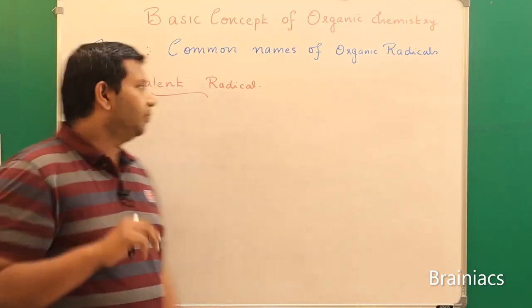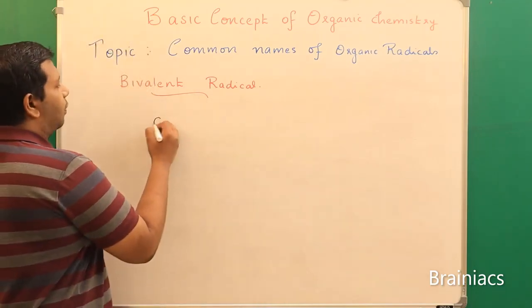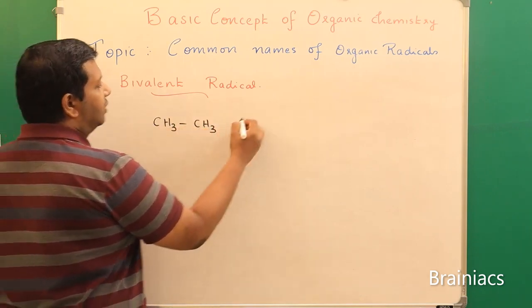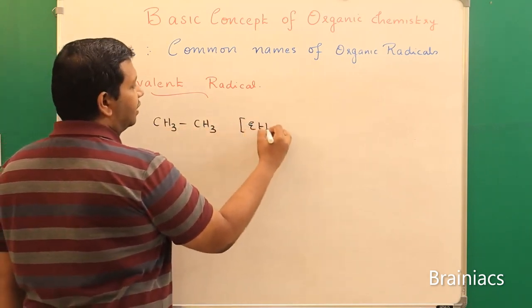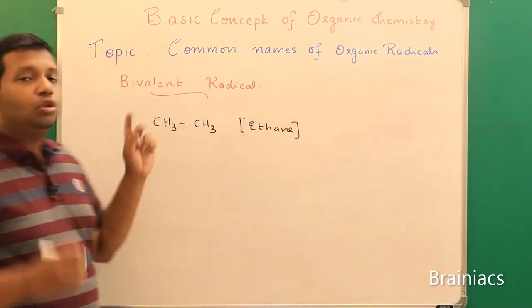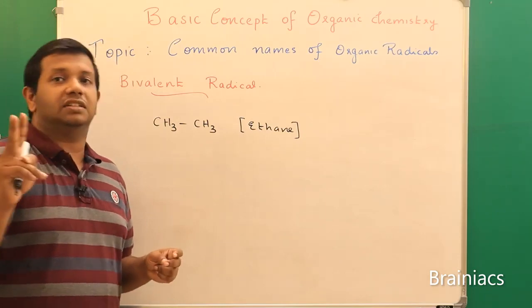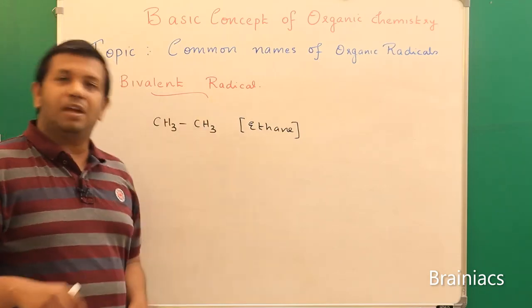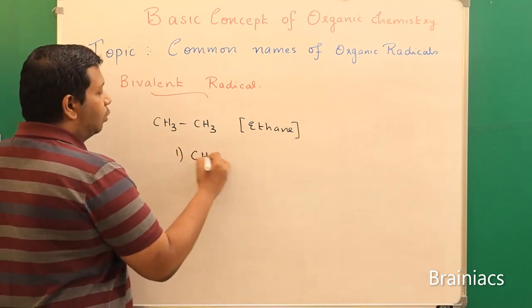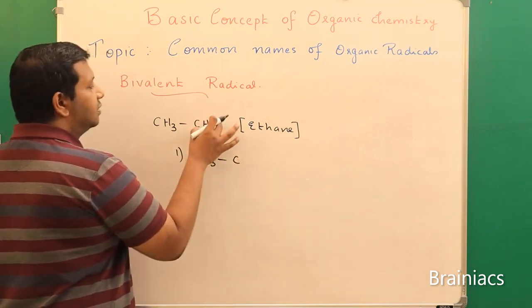For example, let me consider this compound. What is this compound basically? CH3, CH3. We know that this compound is ethane, correct? And whenever 2 hydrogens are replaced, this will become a bivalent radical. So one possibility is, I can remove the 2 hydrogens from this carbon alone.